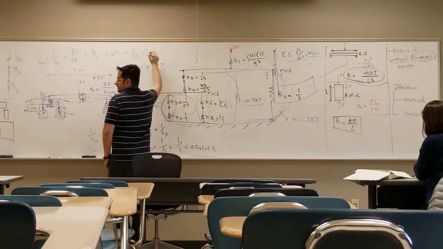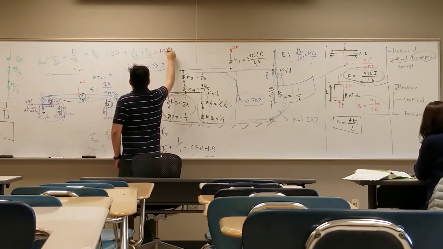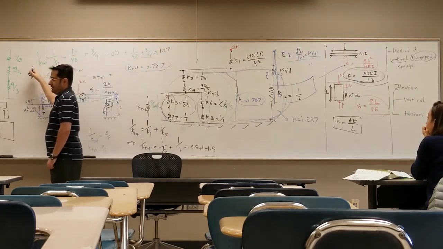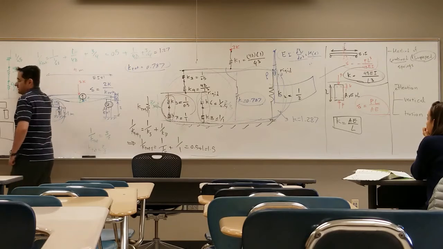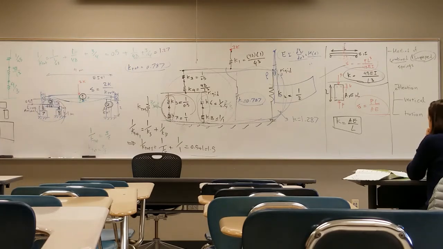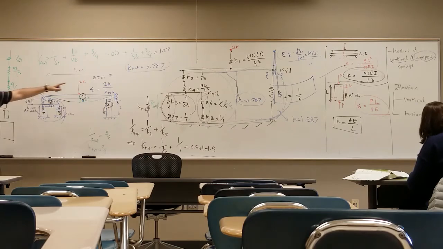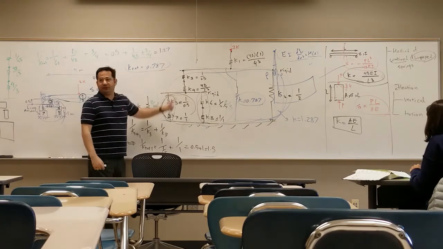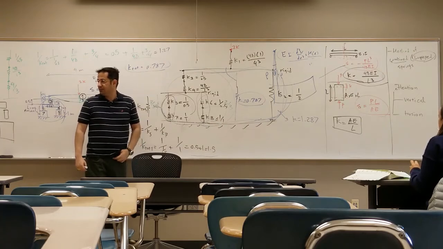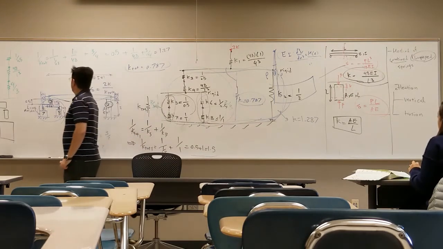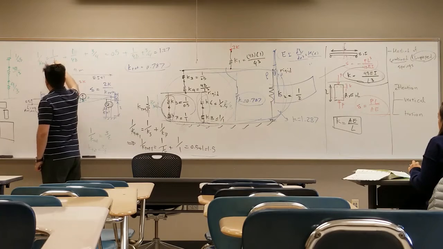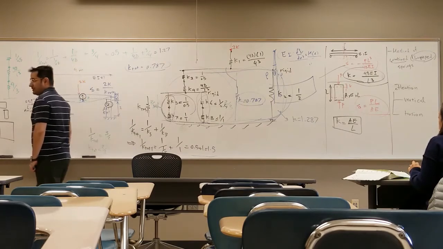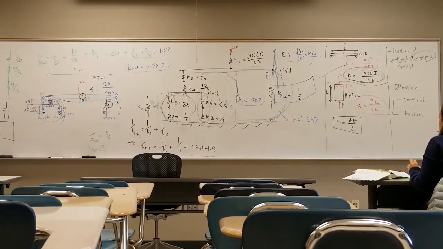So this becomes 1.27. But look, this is 1 over K total. You have to invert it to get the K total. So do 1 over 1.27, and then you get 0.787. I said 1 over K total is 1 over this, 1 over this. Do that one more time, and then you can verify.